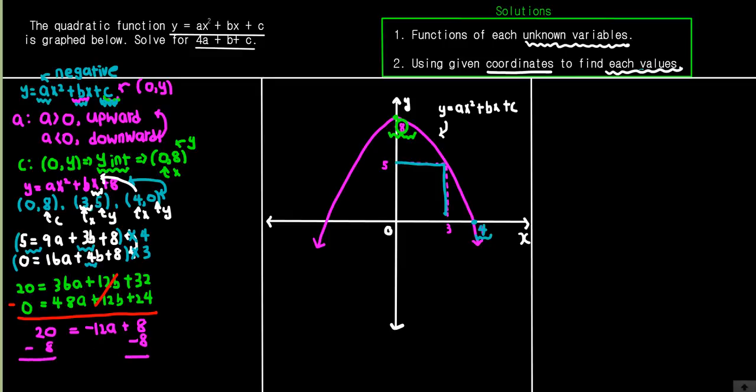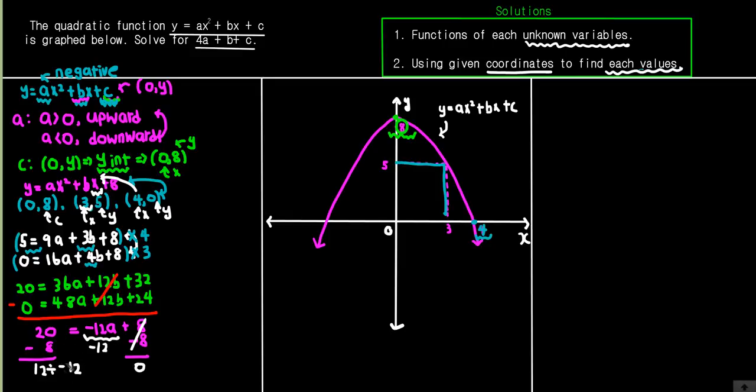If it is subtracted, we get 8 minus 8, which cancels out. We get negative 12a is equal to 12. And right over here, all you have to do is divide by negative 12, so we get rid of it and isolate the value of a. So we have 12 divided by negative 12.